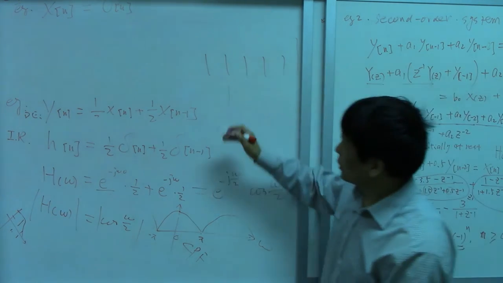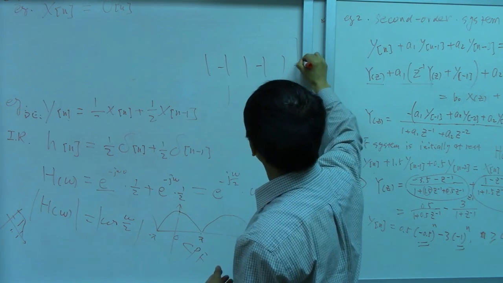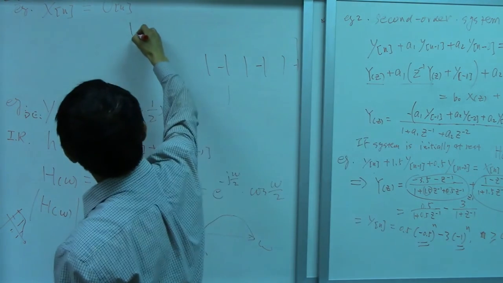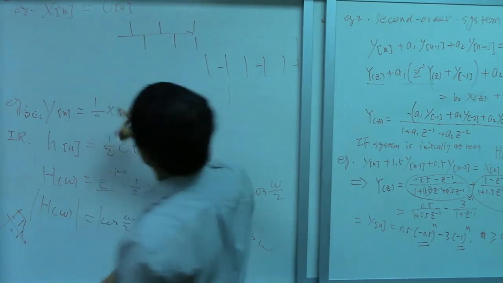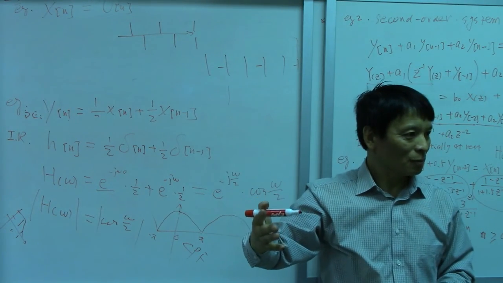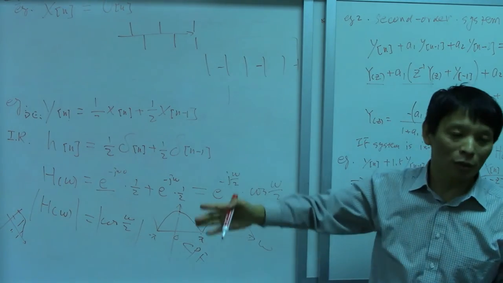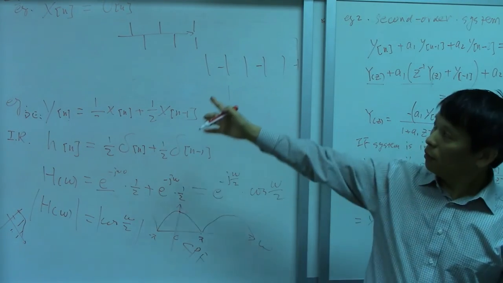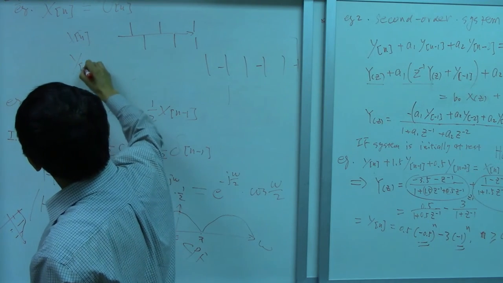Okay, I'll give you a signal. 1, negative 1, 1, negative 1, 1, negative 1. So just like this. This is a very high frequency in some sense. This is the input. What is your output?